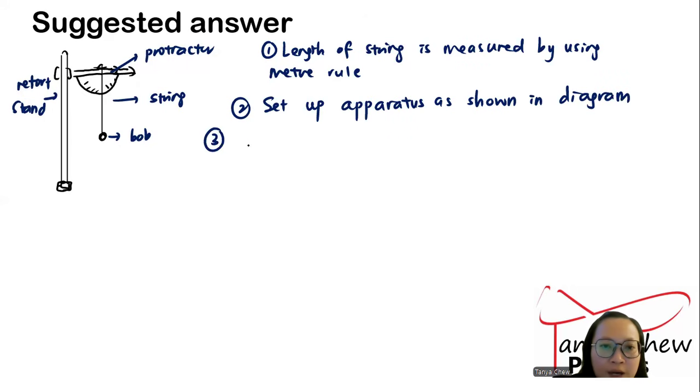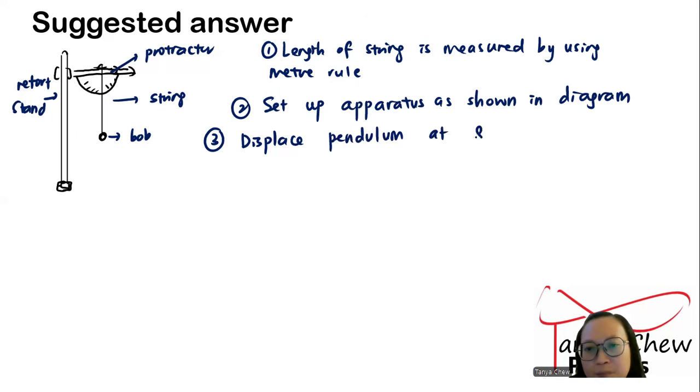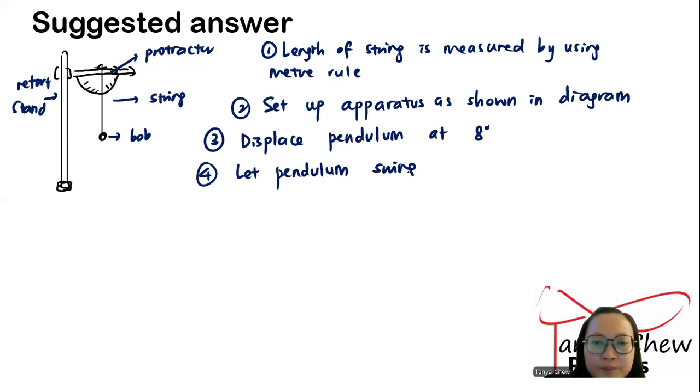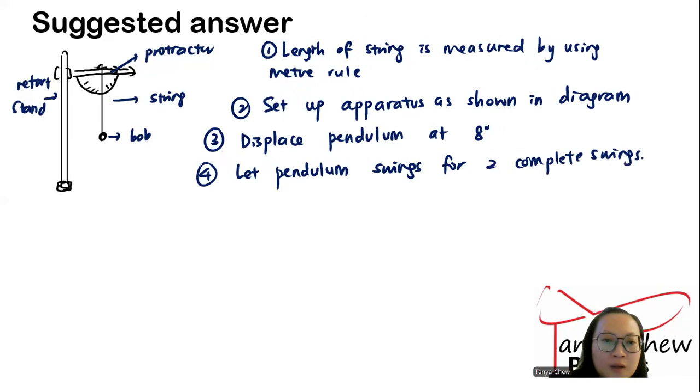And then, okay, displace pendulum at maybe 8 degrees because protractor is used to measure the angle. And then let pendulum swings for 2 complete swings. And then after that, start stopwatch.